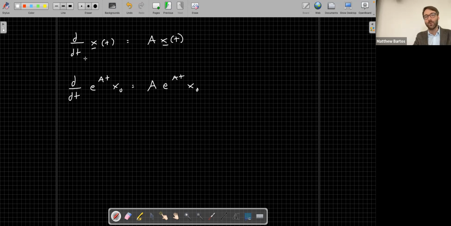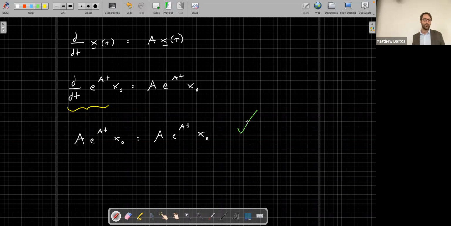As before, the derivative works the same way as for the scalar case, so this ends up being a times e to the at x naught. So the solution to our LTI system is given by the matrix exponential.